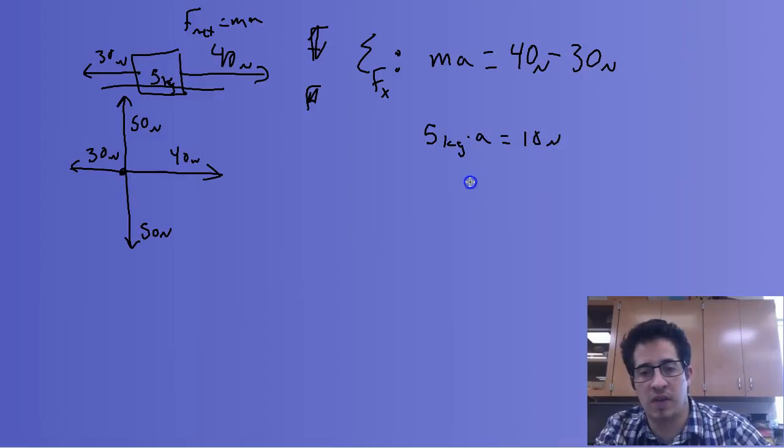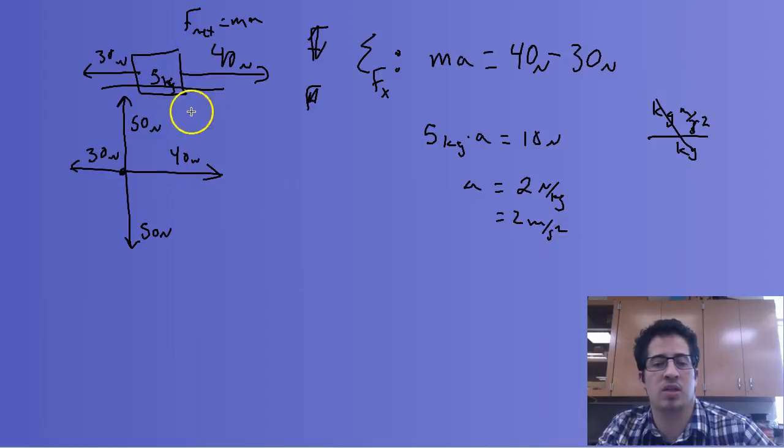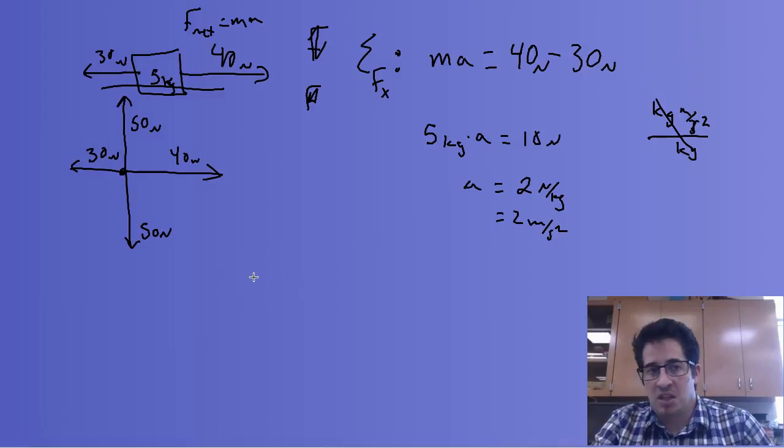We'll divide the 5 over and find that the acceleration of this block is 10 over 5 is 2 newtons per kilogram, or remember that kilogram meters per second squared over kilograms is going to leave us with 2 meters per second squared as the acceleration of this block. Okay? And that's it. That's Newton's second law.